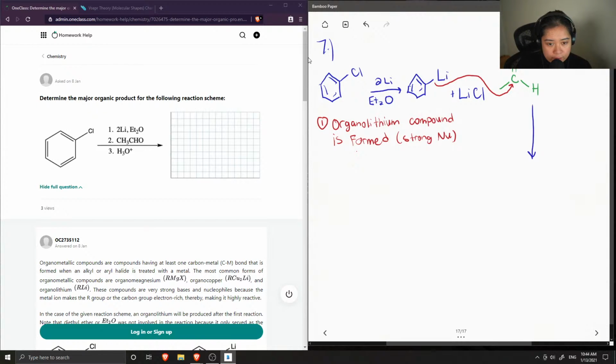And then we get the following intermediate, which now has the negatively charged oxygen. This hydrogen stays the same, and then this is the methyl group that was in the acetaldehyde. And then I'll just show that this negative charge is stabilized by a positively charged lithium ion.